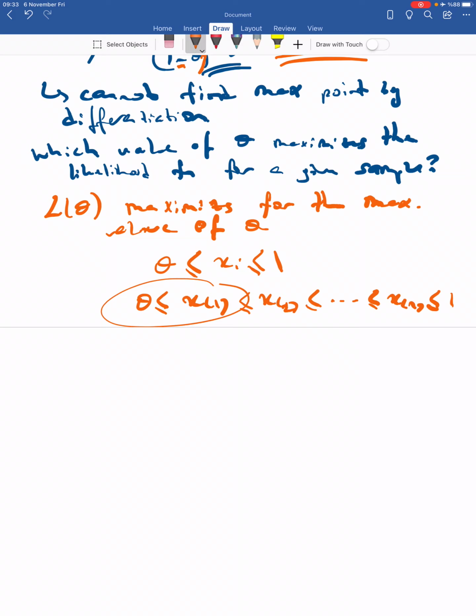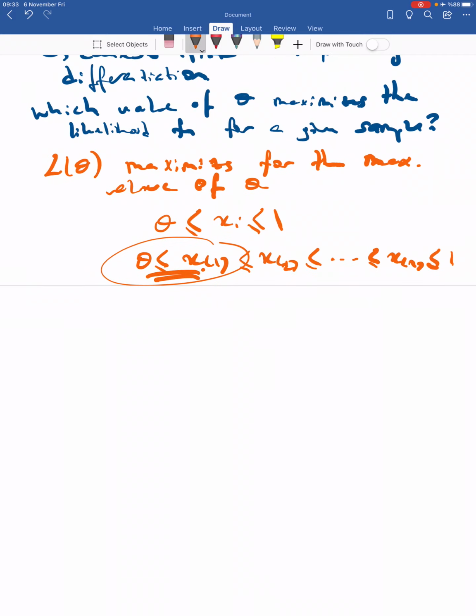It is this one. Basically the range of x2 is x1 and x3 here, and the range of xn is x(n-1) to 1. So what is the range of theta? It should be based on the minimum, x1. So the maximum theta is obtained by the maximum value of theta.